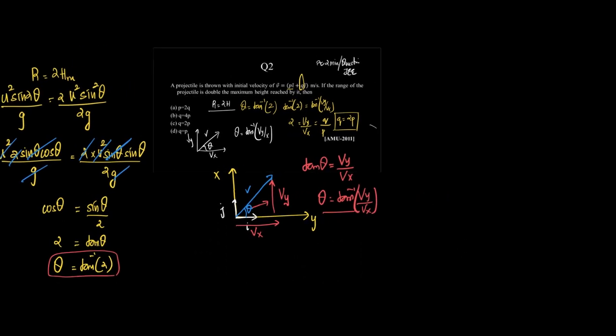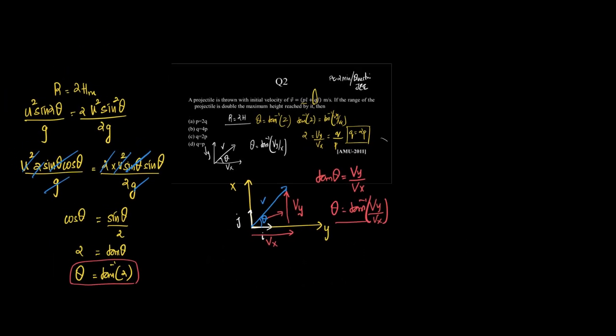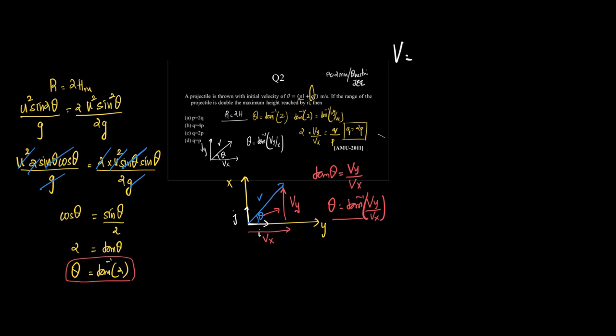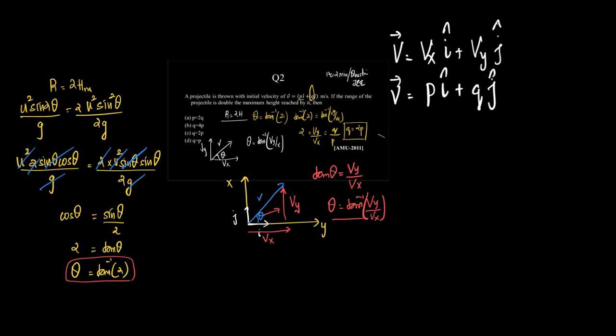We can write the vector v as Vx into i cap plus Vy into j cap. So what is given to us? Given to us is that vector v is equal to p into i cap plus q into j cap.